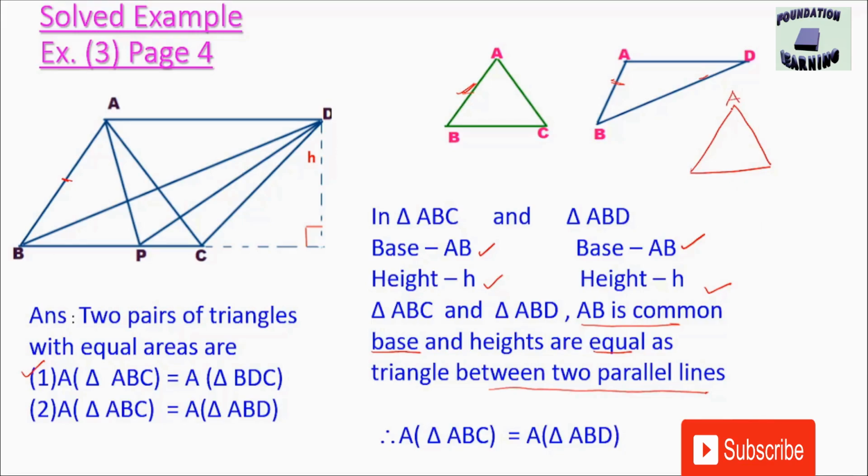Now this was ABC, right? I can make it like this, A, B and C. So here my base is AB, and the other base is also AB. That is why the areas are equal. The base is equal and the height is also equal.